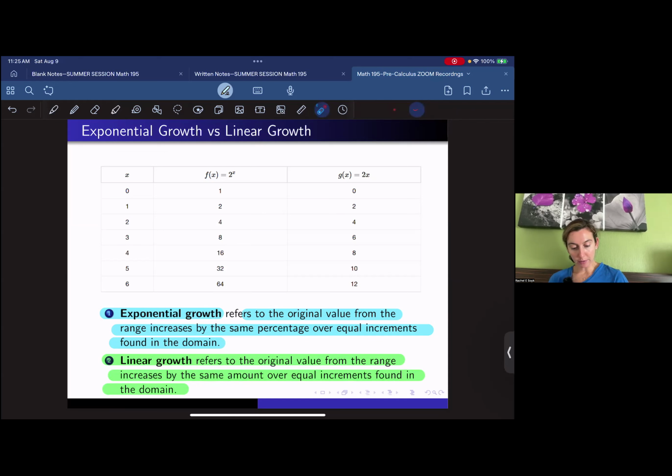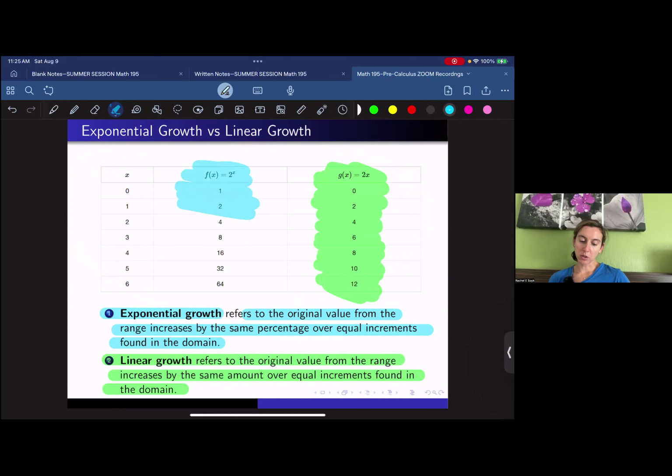And then we have just the numerical examples up here. Notice how the linear increase is a lot slower than the exponential growth. Exponential growth shoots up real fast.